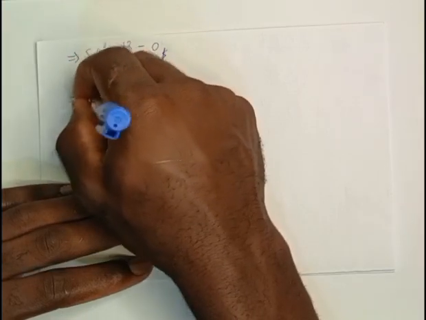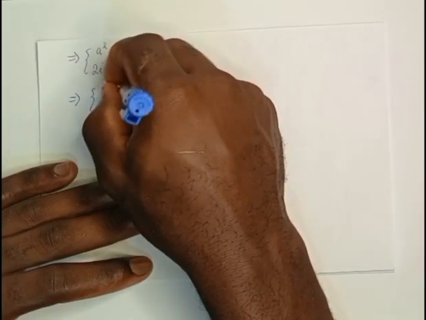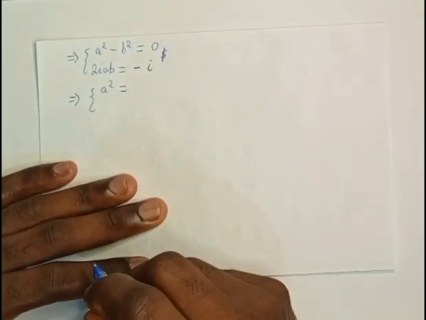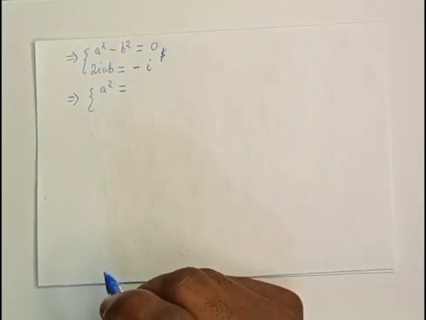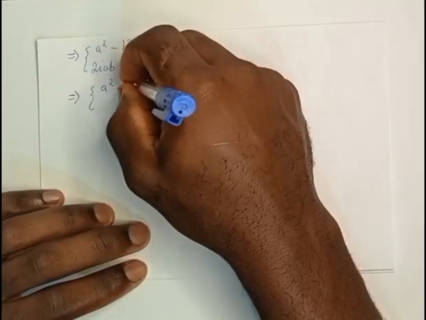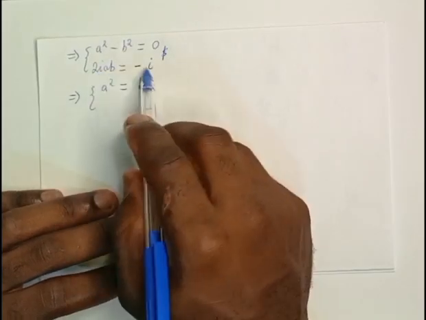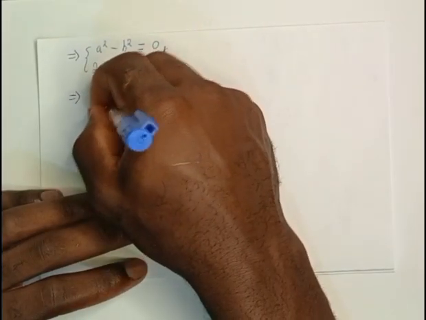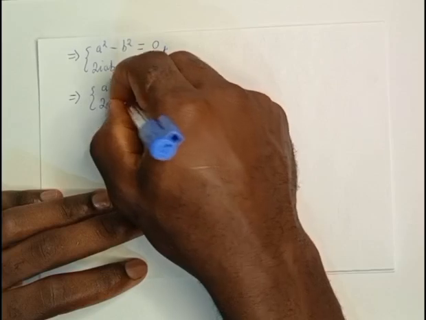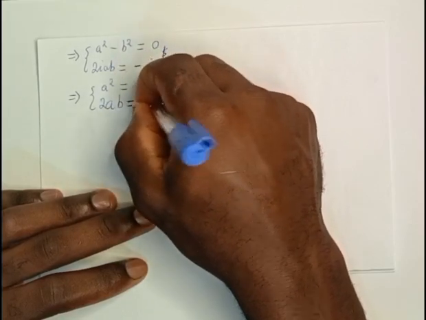Then a squared will be equal to, transferring negative b squared to the right hand side, it becomes positive b squared. Dividing both sides by i, this will give us 2ab equal to negative 1.